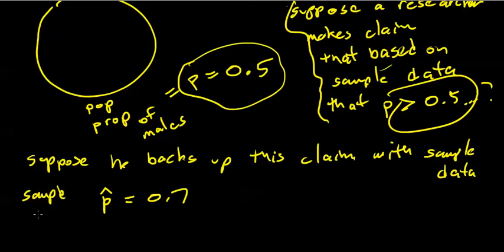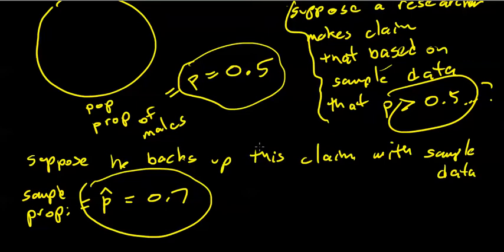Remember, p hat, from chapter 7, represents a sample proportion, our notation for sample proportion. Clearly the sample proportion is more than the assumed historical claim that p is 0.5.